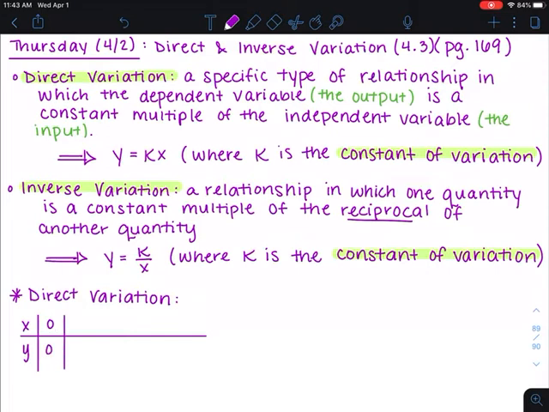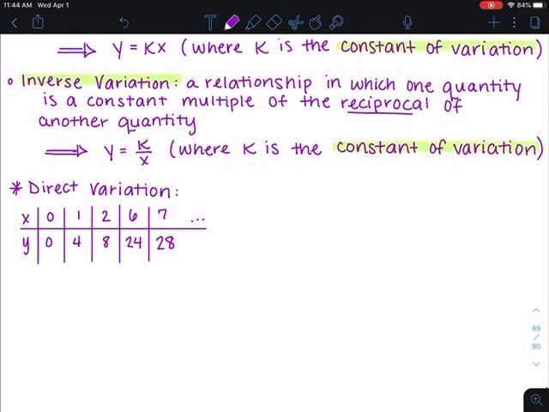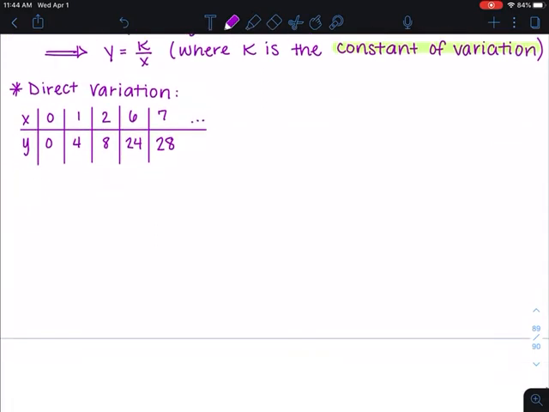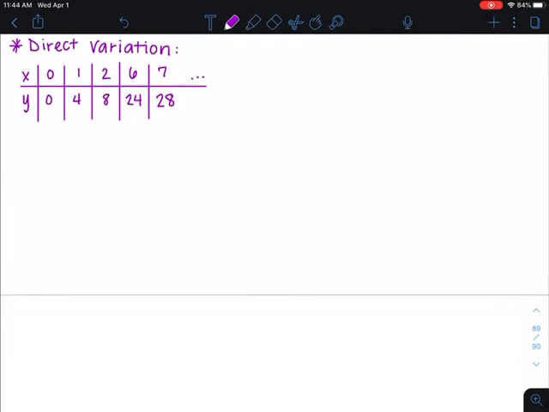Let's say they give you the points 0, 0, 1, 4, 2, 8, 6, 24, 7, 28. Technically, this can keep on going forever and ever. It's kind of like a line. It goes on forever in both directions.